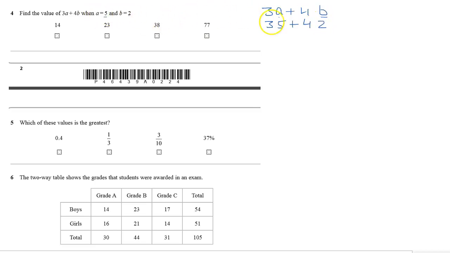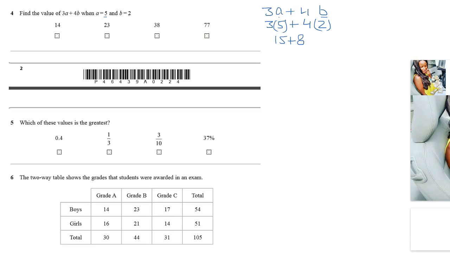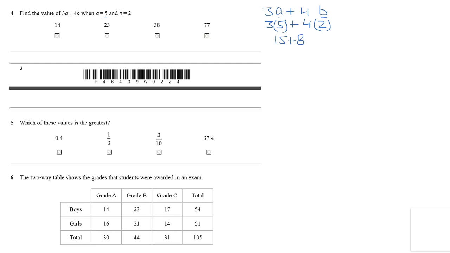Now you have to understand one thing. This is a multiplication. This is 3, not 35. This is 3 multiplied by 5, that is 15, plus 4 multiplied by 2 is 8. So that is 23.